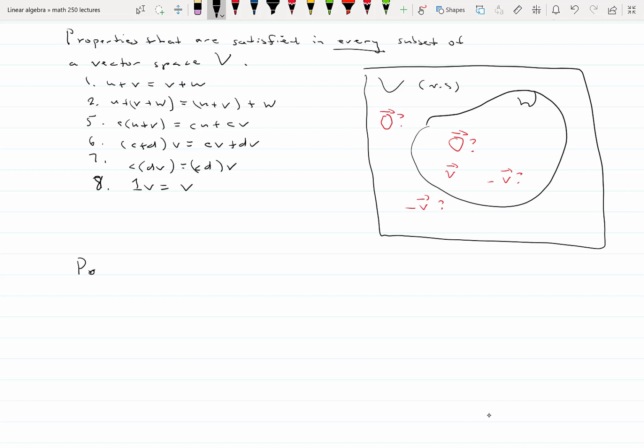We have two problems. Where is the zero vector? And where are opposites?